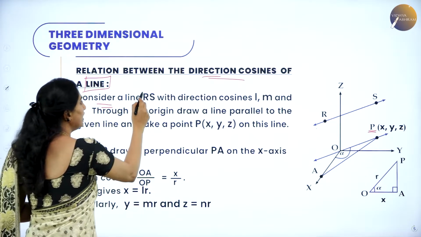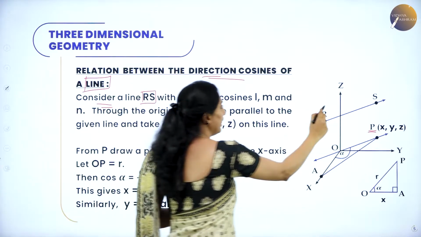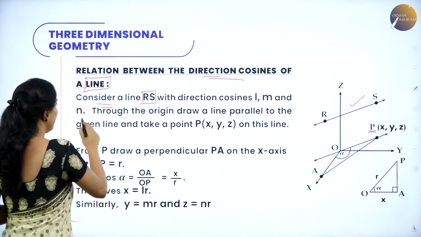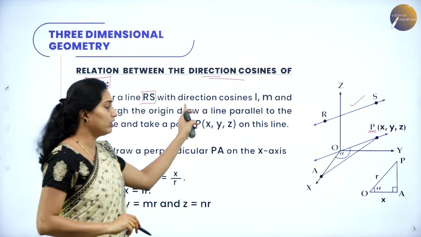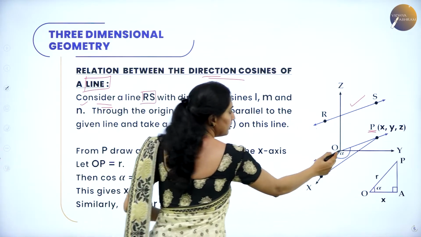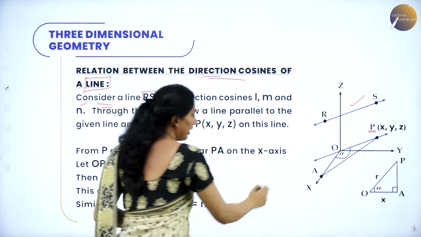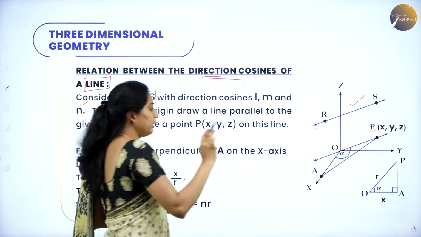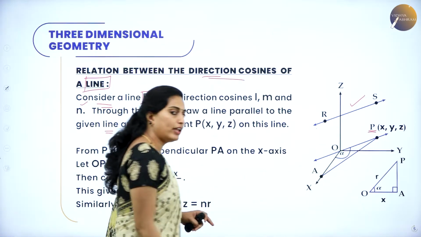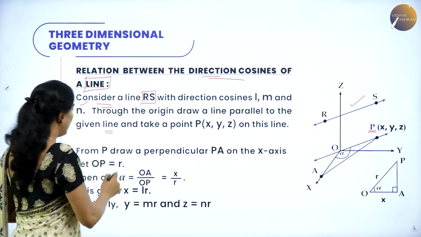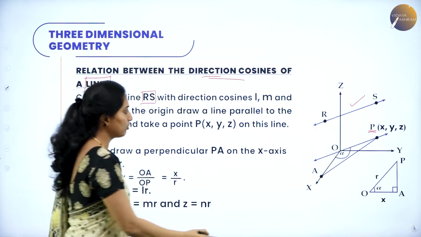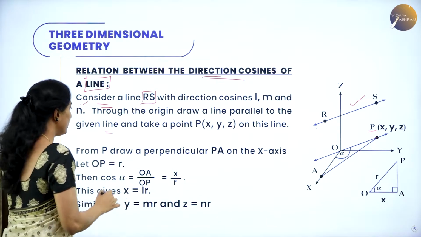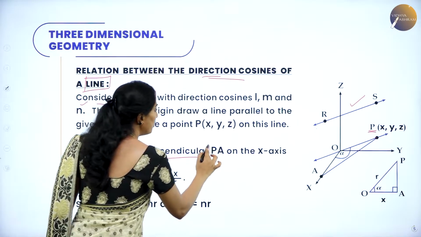Consider a line RS with the direction cosines l, m and n. Through the origin, draw a parallel line to the given line, and take any point P of x comma y comma z on this line. From P, draw a perpendicular to the x-axis.